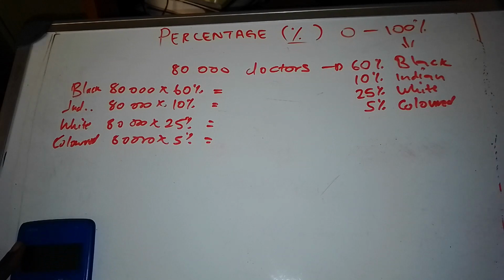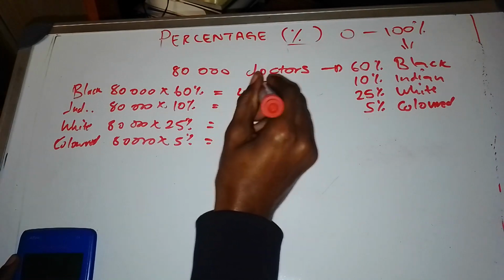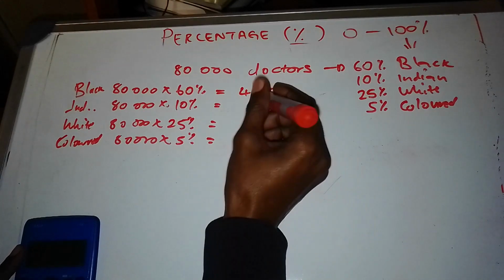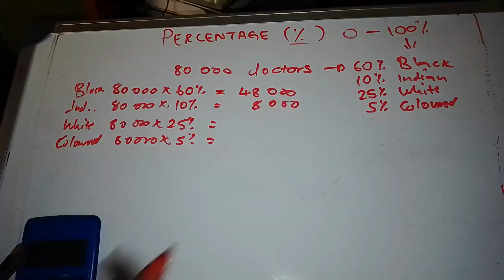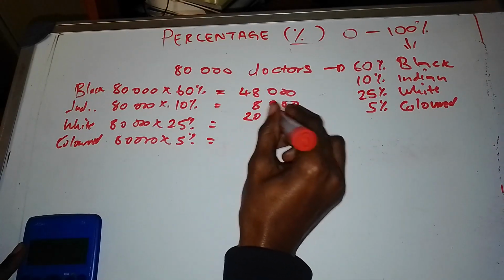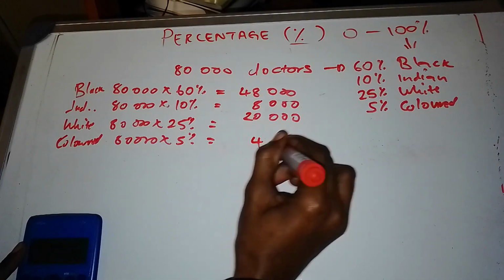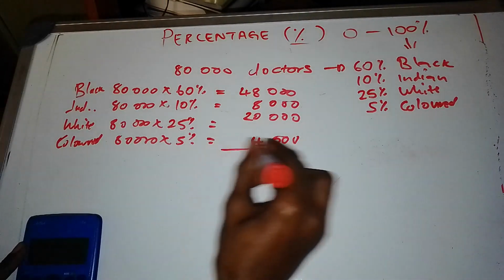Now let's work out 60%. So you've got 48,000, which means 48,000 doctors were black. 8,000 were Indian, right? And then 20,000 were white, and then 4,000 were colored.